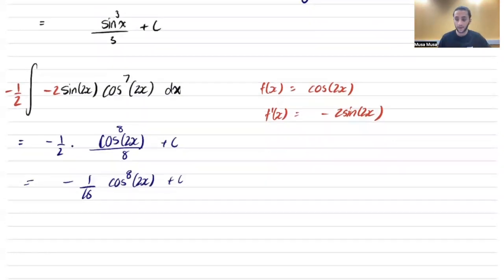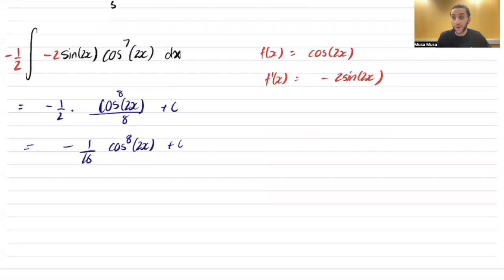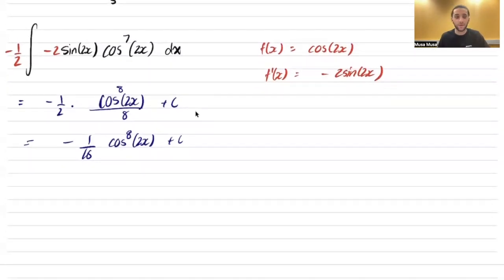Okay. I'll give you a few more. Try and recognize what the function is. Try and recognize what the f dash x would be or what it would need to be. And then just apply reverse chain rule.